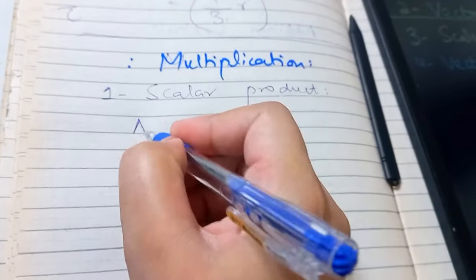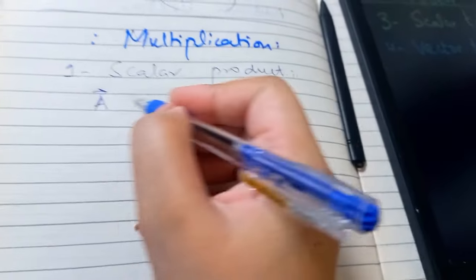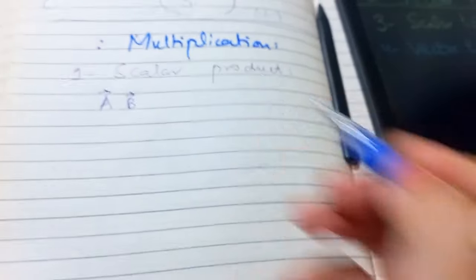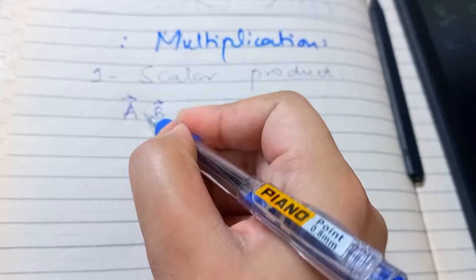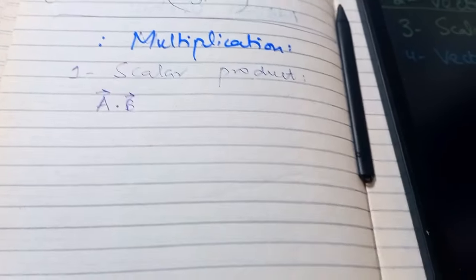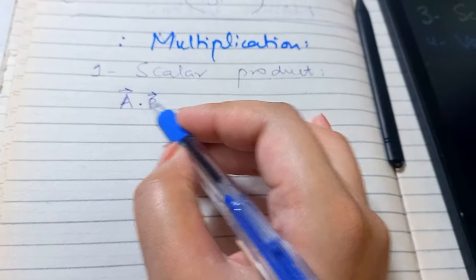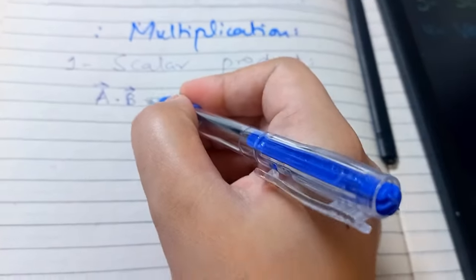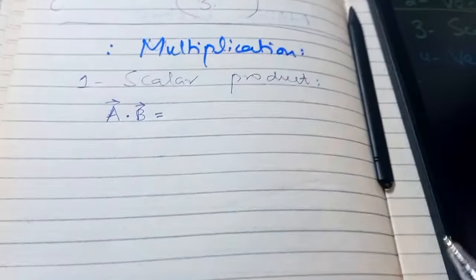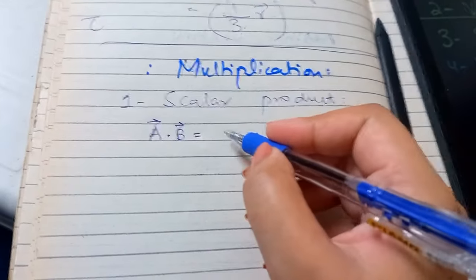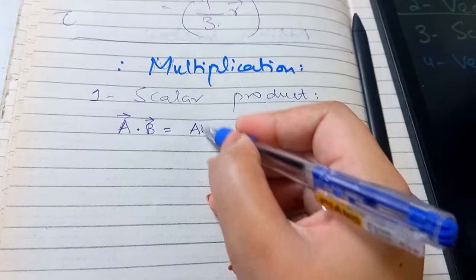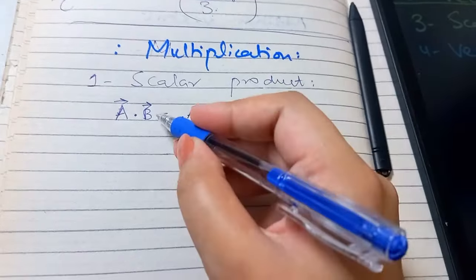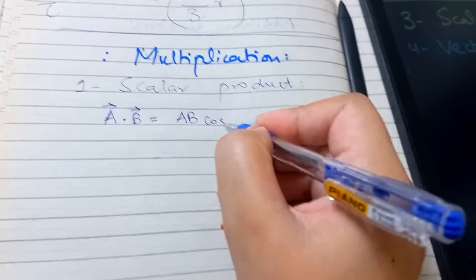Let's say we have two vectors, A vector and B vector, and we describe the scalar product by putting a dot between the two vectors being multiplied. So A vector dot B vector is equal to A, the magnitude of A vector, multiplied by B, the magnitude of B vector, multiplied by cos theta.